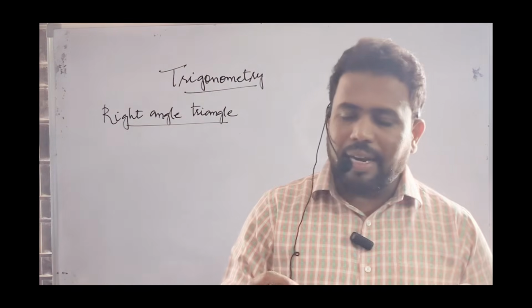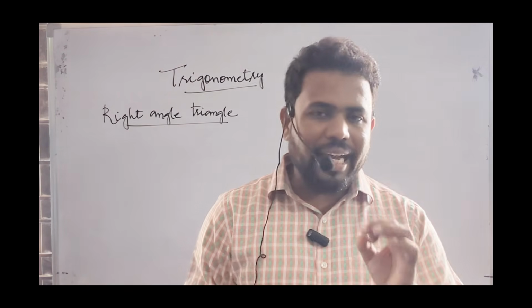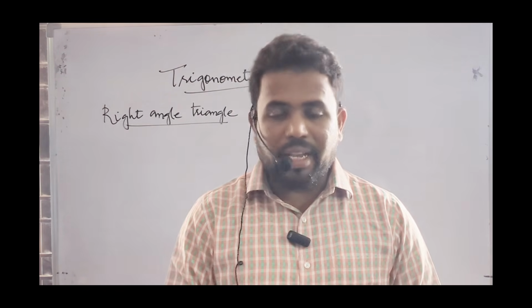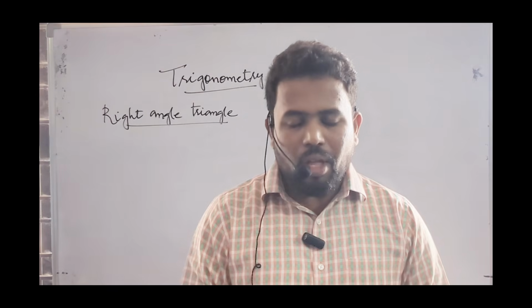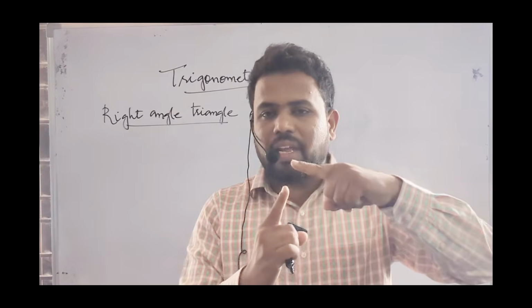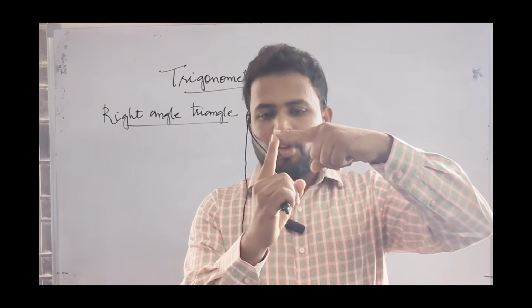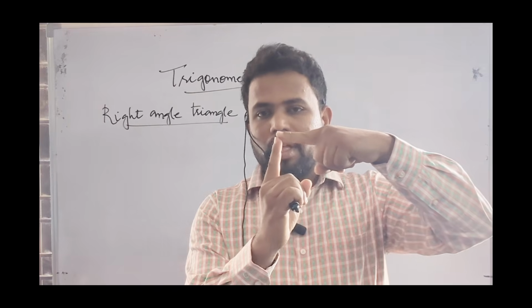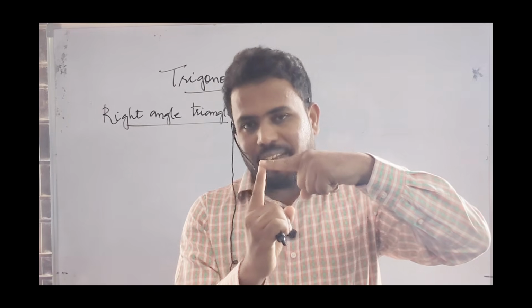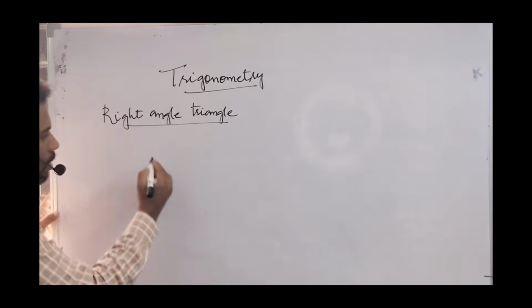A right angle triangle is a triangle whose one angle is exactly 90 degrees, when two sides are exactly perpendicular to each other. I'm going to draw the figure here.